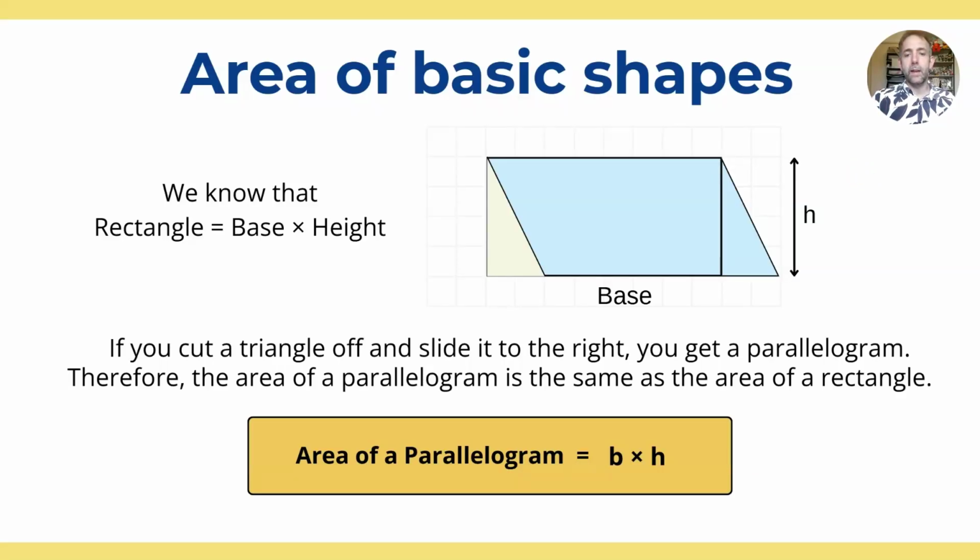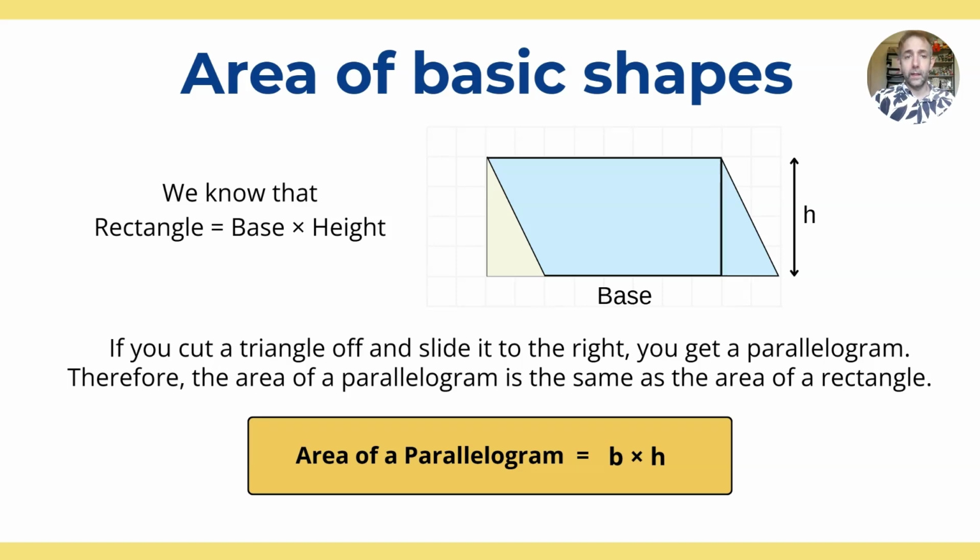The area of a parallelogram is actually the same formula as if you was doing a rectangle, because we can see here how we've got the same area. The triangle has just been slanted to the right. So again, if we use that formula, base times height, for a rectangle, we can use it for a parallelogram as well. You might say length and width, either way, as long as you're clear what 2 lengths you are using, you'll be fine.